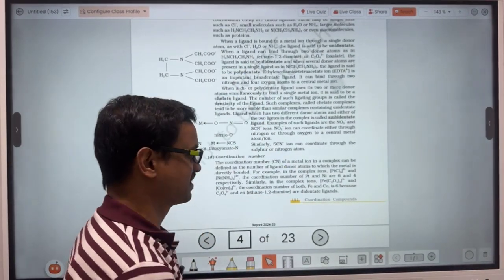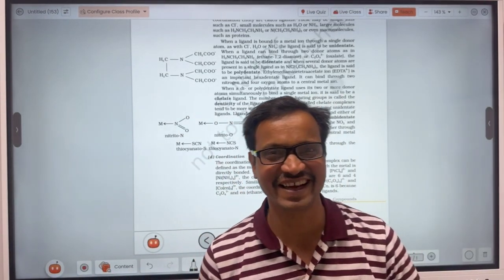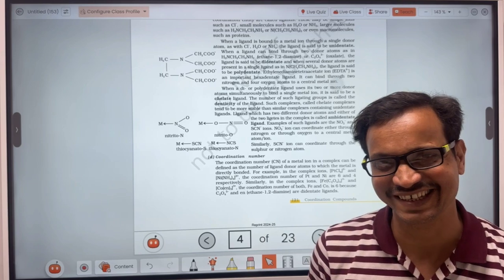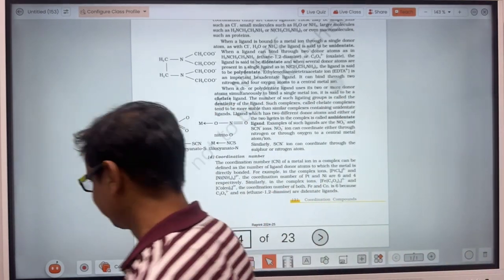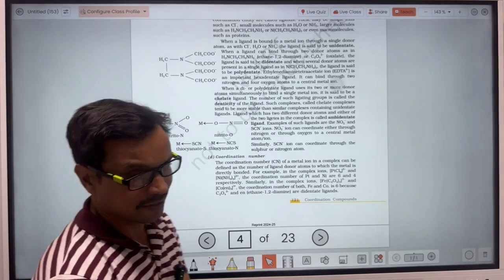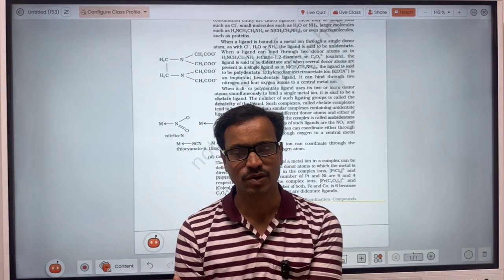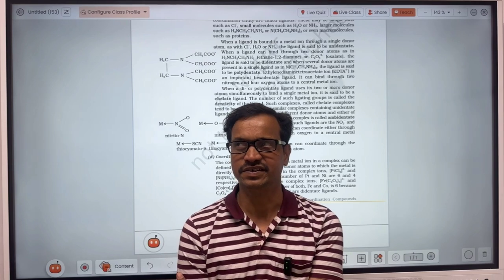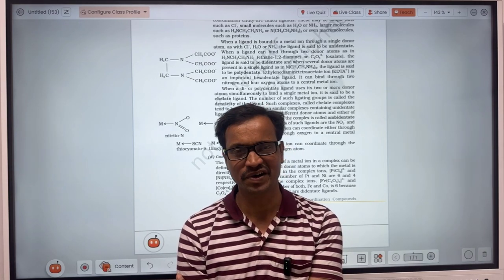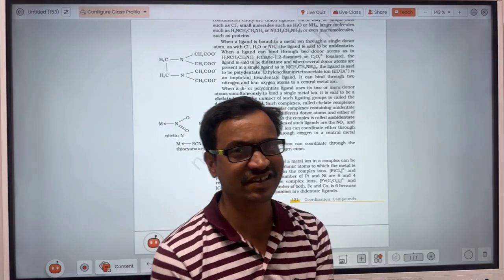Then after is coordination number. Okay, coordination number, a very important topic. What is that? Listen. Coordination number is the number of atoms which are bonded to the central atom covalently. That is called coordination number.